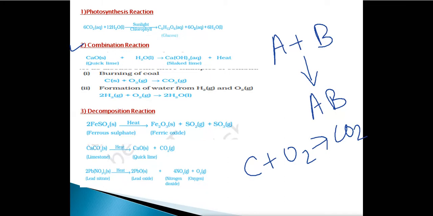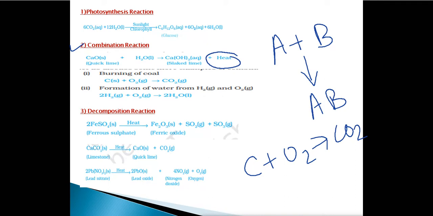The most important combination reaction which is given in your textbook is calcium oxide, that is quicklime. It reacts with water, H2O, to give you calcium hydroxide, Ca(OH)2, and it is called slaked lime. Along with that some amount of heat is also released. As you can see, in this reaction some amount of heat is released, so it is also an example of an exothermic reaction. What is an exothermic reaction?